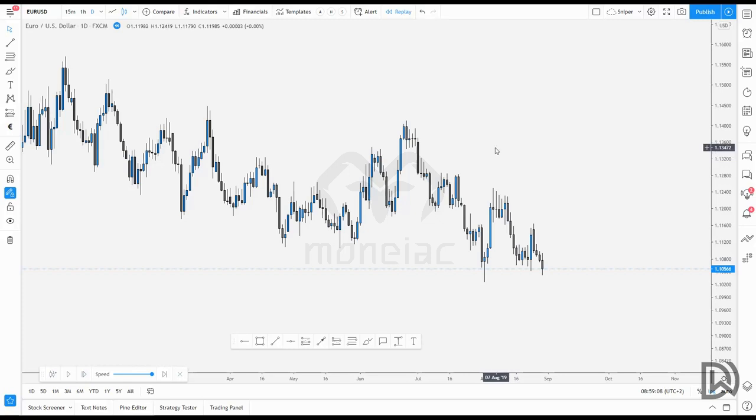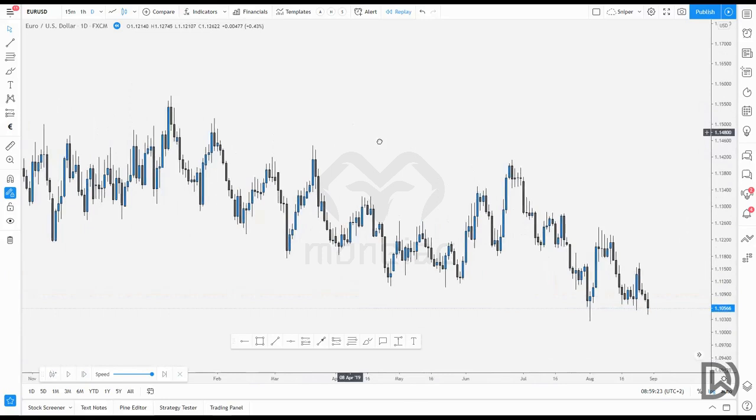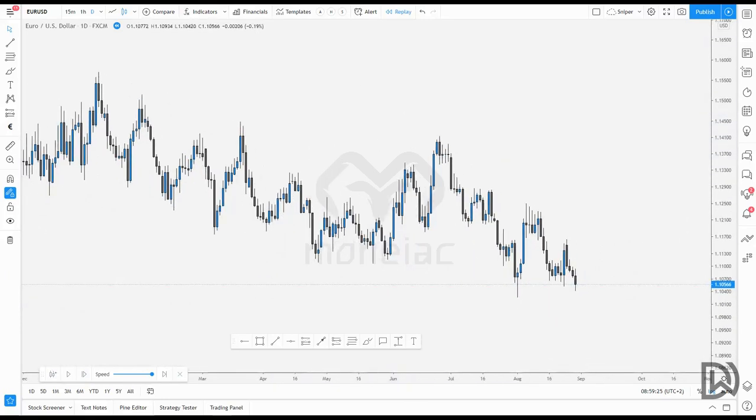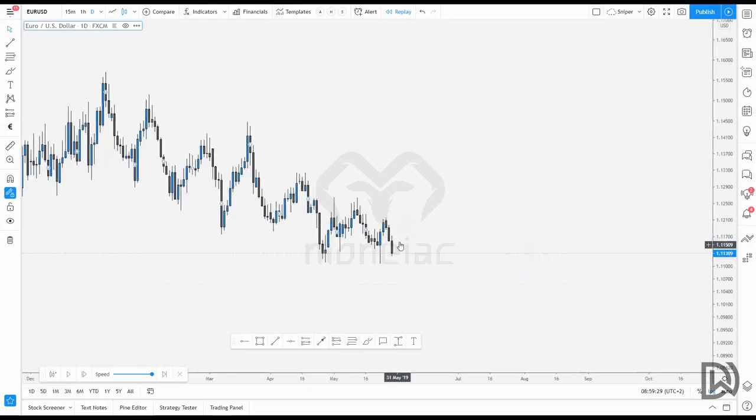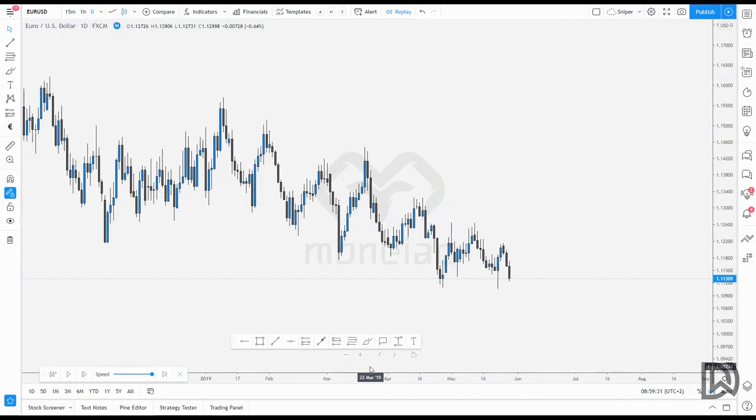So this is the daily time frame. I'm starting from the daily and working my way down towards the 4-hour, 1 hour. So I'm just going to outline a few things that we will be looking at. Looking at price going down, we are in a visible downtrend.